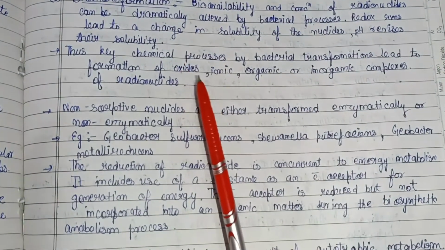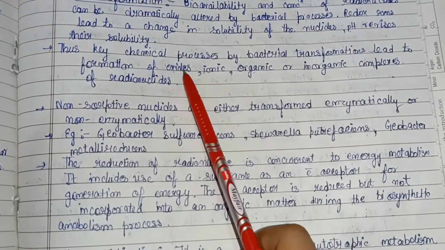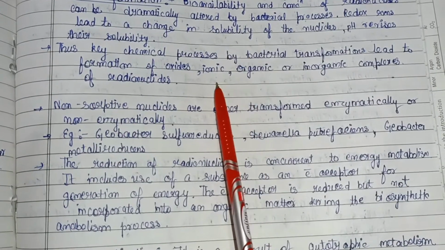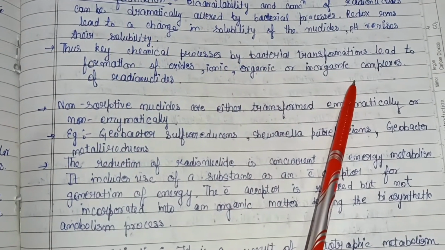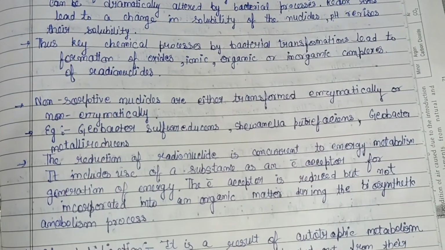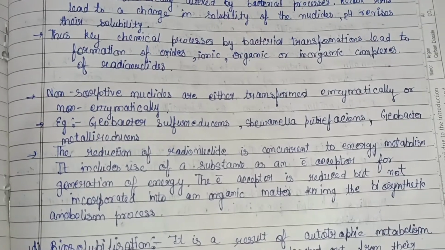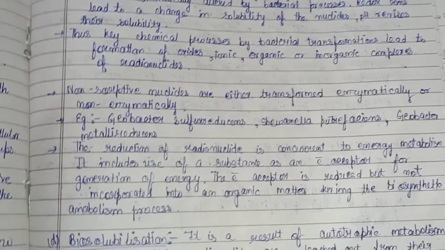So the key chemical processes in bacterial transformations lead to the formation of oxides, ionic, organic or inorganic complexes of radionuclides. These forms will be less harmful as compared to their original form.